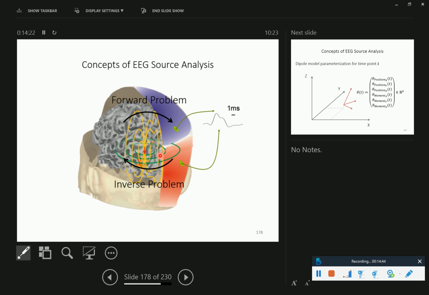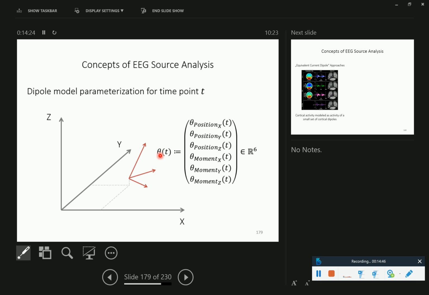And we will do this semi-mathematically, with a little bit of pseudo-math. The important thing is that we talk about 3D space.